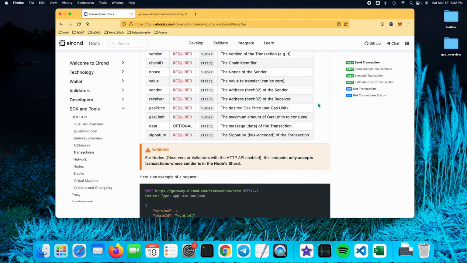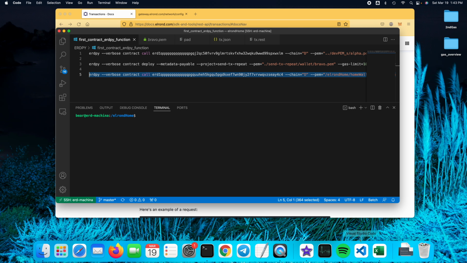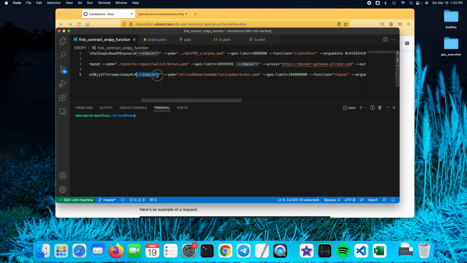So let's look at a couple of examples of transactions. So let's first look at using ErdPy and see what's required there. So I'm going to call this function in my contract. I have the address, the chain type, which is DevNet.